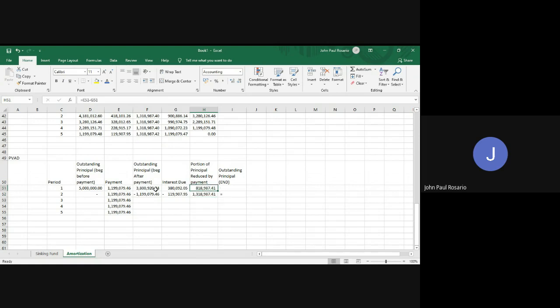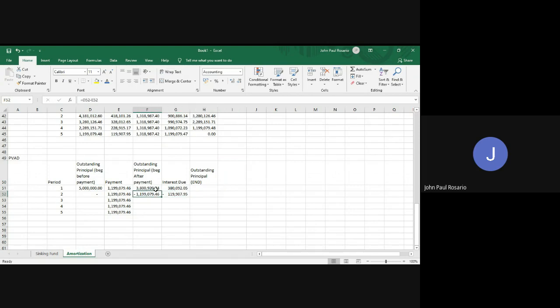Okay, so let's just do our amortization for annuity due this way. We will no longer have this portion, but we will have our outstanding principal. Yeah, I think this is more accurate.